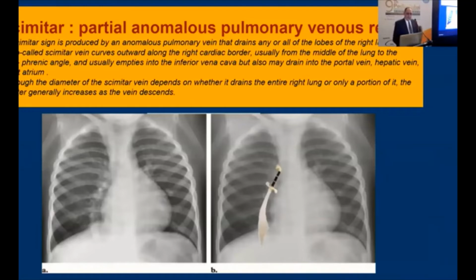Sometimes it drains into the inferior vena cava, and it may also drain into the portal vein or hepatic veins. And the size of this vessel depends on how much of the lung it is draining.